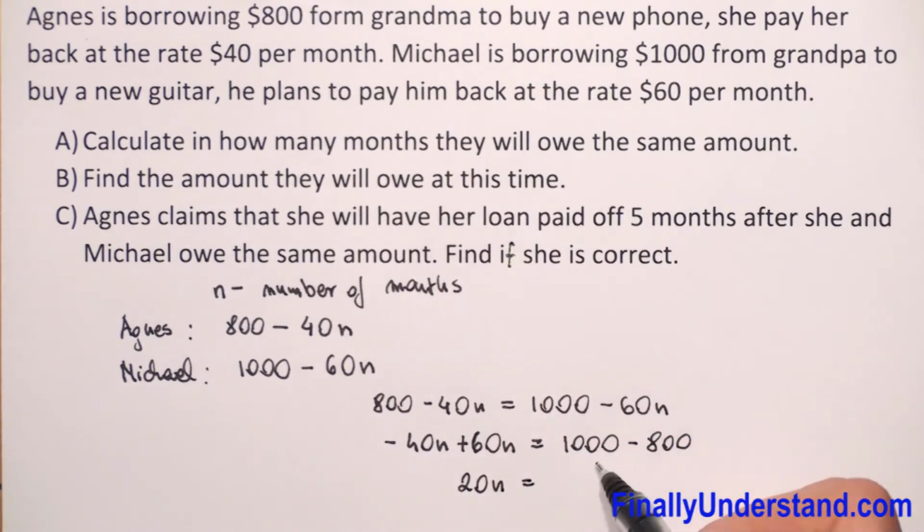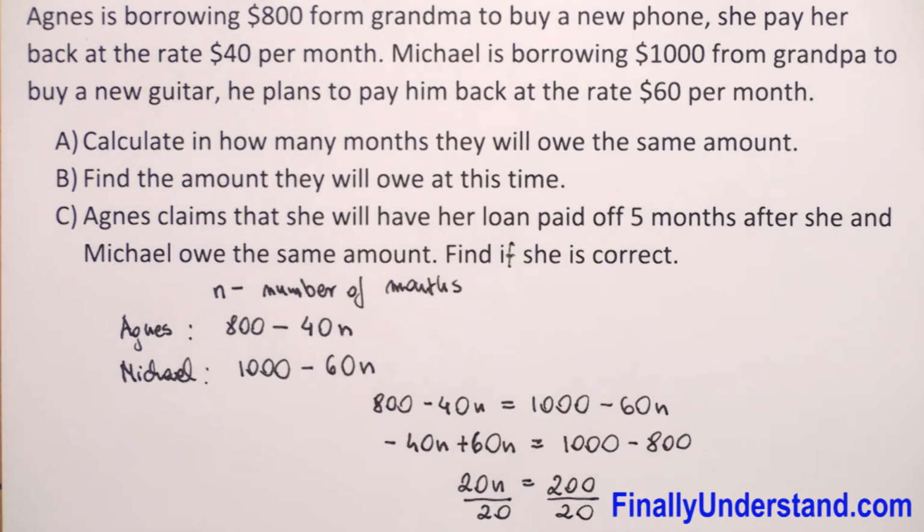Negative 40n plus 60n is 20n. So this is equal to 1000 minus 800, which is 200. Now we have multiplication, we need to find n, so we will divide both sides by the number before n, so we divide by 20, both sides.